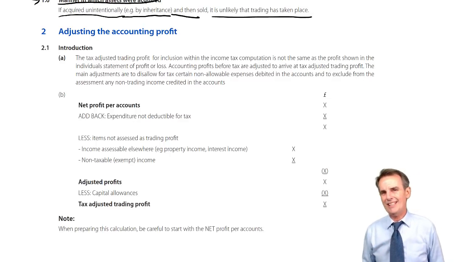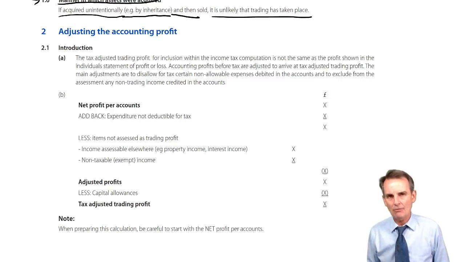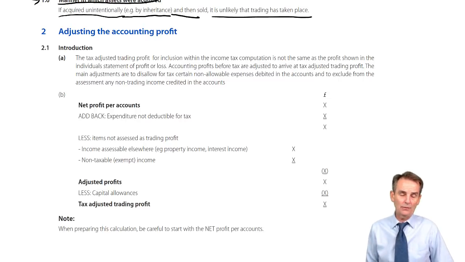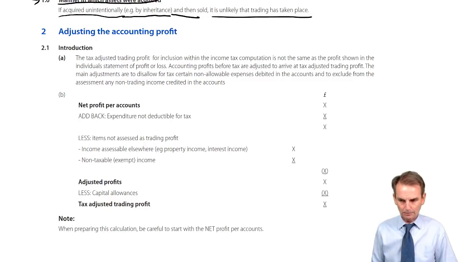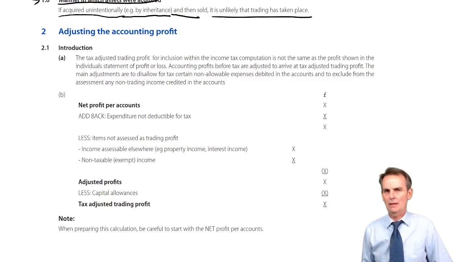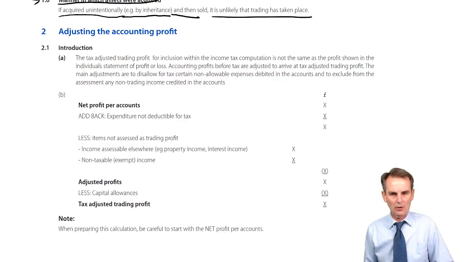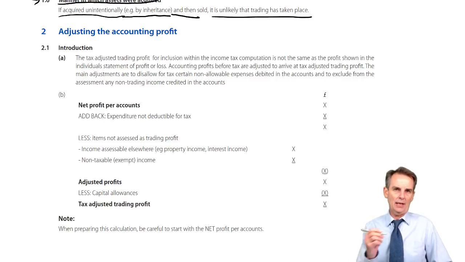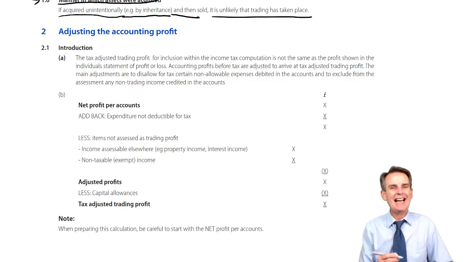Because what HMRC say is that the accounting profit, computed using perfectly normal and reasonable financial accounting principles, though they may be perfectly fine for financial accounting, they are not acceptable for taxation purposes.